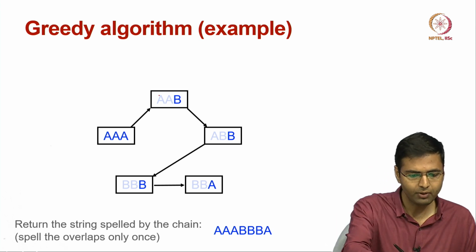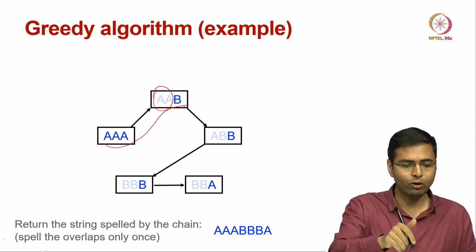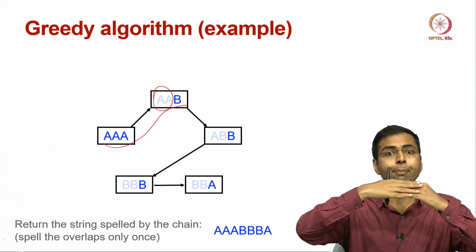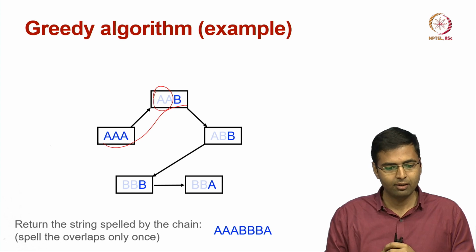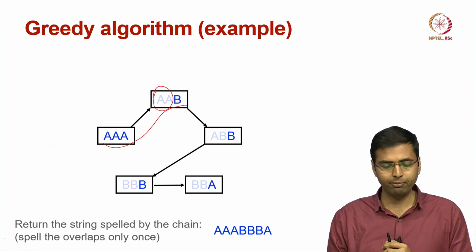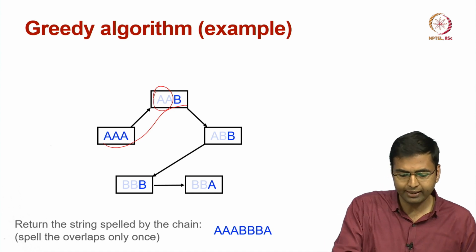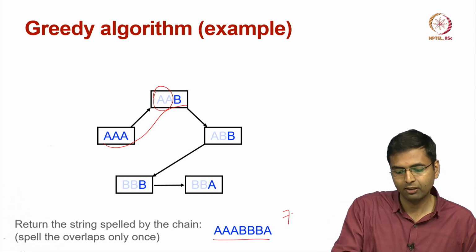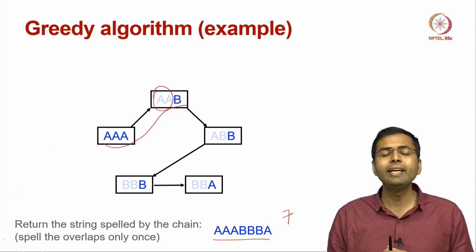So, here this portion will not be considered because we are only considering the overlaps once when we are spelling the path. Accordingly, for this particular example the greedy algorithm will output a superstring of length 7. So, this is how the greedy algorithm is working.